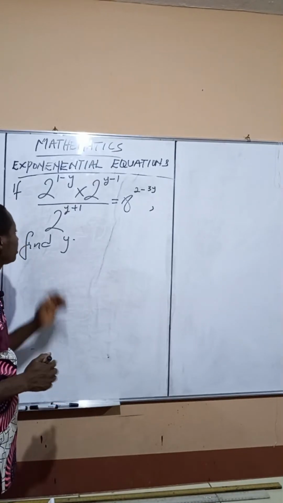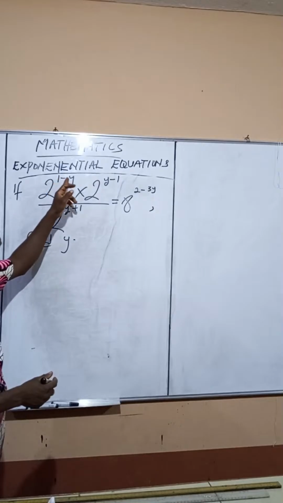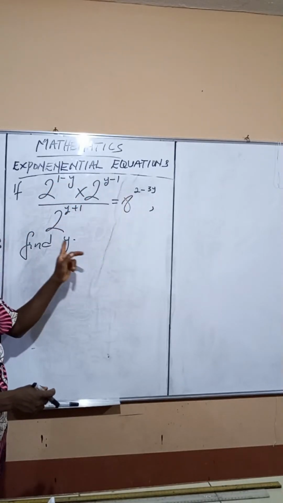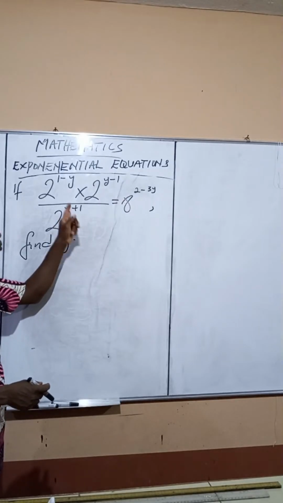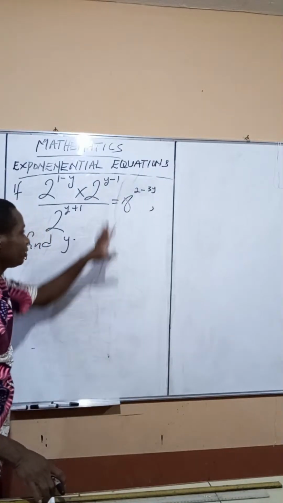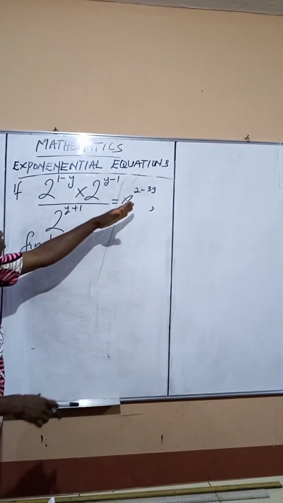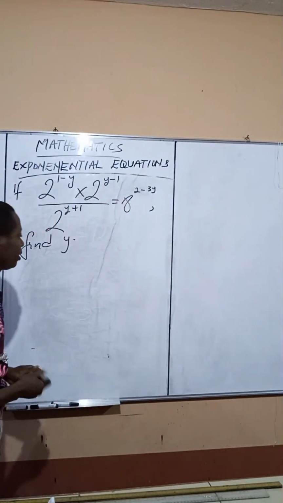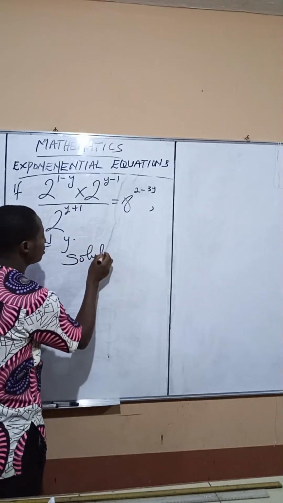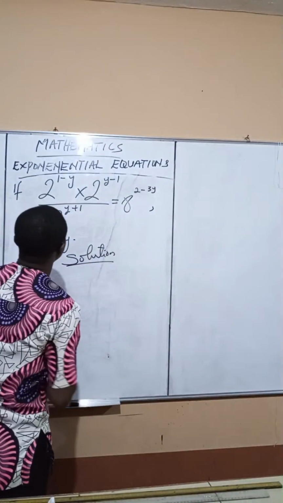This is a very simple and common question that we have to solve. So we are given here that if 2 raised to power 1 minus y times 2 raised to power y minus 1 divided by 2 raised to power y plus 1 equals 8 raised to power 2 minus 3y. If these two are equal, then we should find y. So we are going to take it in this format.